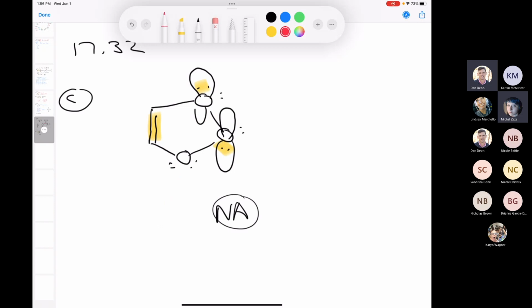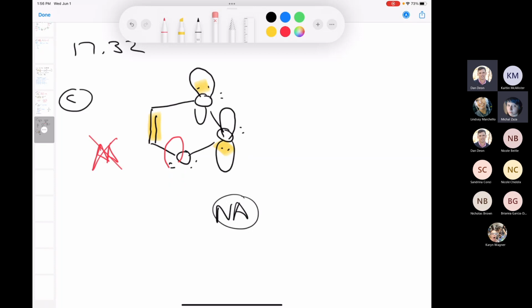If we put a p orbital on here, and we put a pair of electrons in it, then we do have a continuously overlapping system of p orbitals. But how many total electrons do we have in there? 1, 2, 3, 4, 5, 6, 7, 8. That would be anti-aromatic, and we don't want to be anti-aromatic.